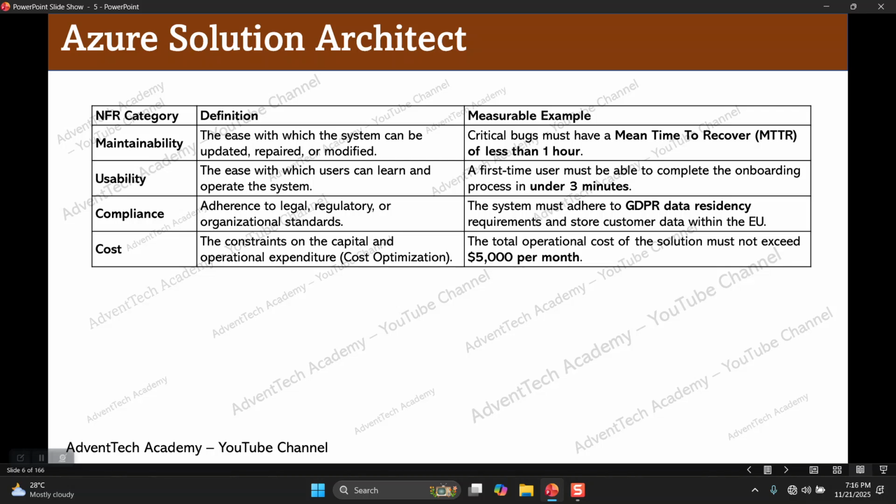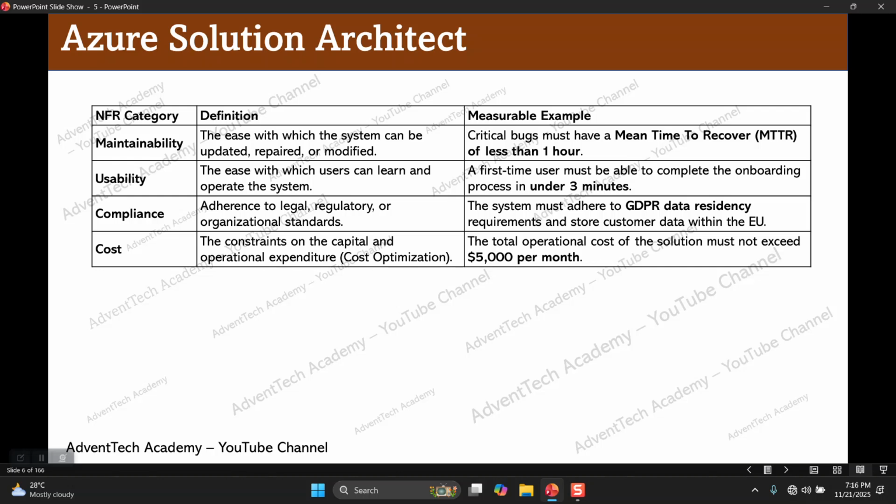In planning the solution for Azure cloud infrastructures, cost plays a major part. Once the budget or cost for the project is defined and allocated, only then are we going to gather the information about functional and non-functional requirements.